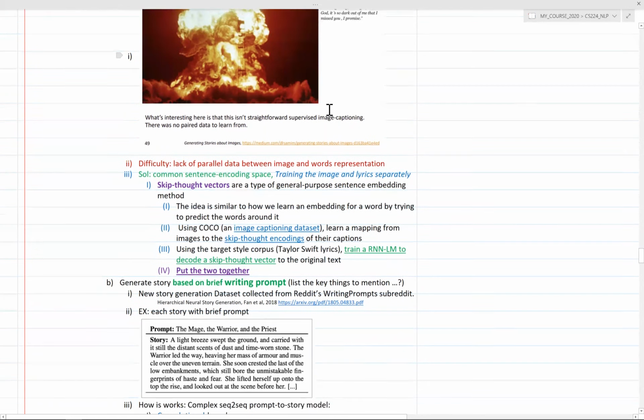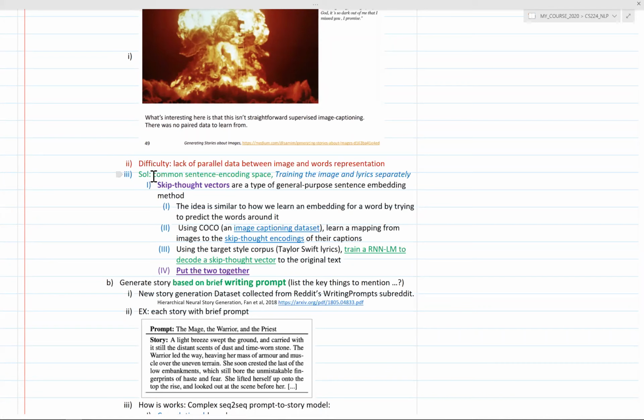But in this case, the biggest difficulty is the lack of parallel data, because you might have a lot of pictures, but not many pictures have designated stories with them. The solution is to use a technique called a common sentence encoding space, training the image and the lyrics separately, as I said before.